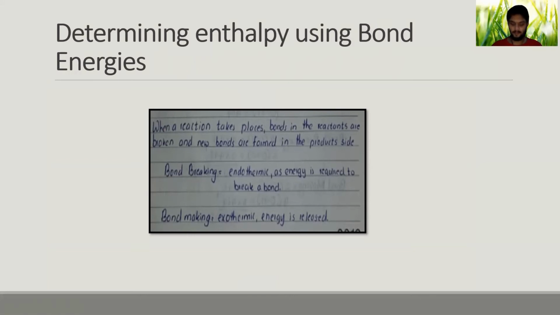If something is broken, something is formed. That's like Newton's law: if an action is performed, a reaction is automatically committed. Similar here. So bond breaking: if you want to break a bond, what should you do? You should give energy, right?